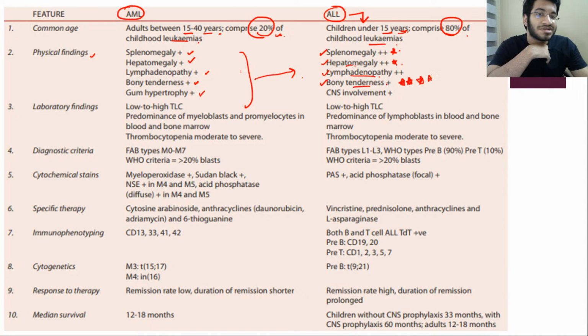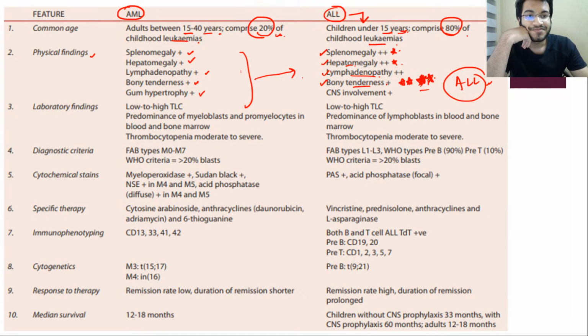I have seen a patient of ALL with so much bony tenderness that I cannot explain it to you, but if you have seen any ALL patient in your clinics, then you can relate. And CNS involvement is also there in ALL, but it is not there in AML.